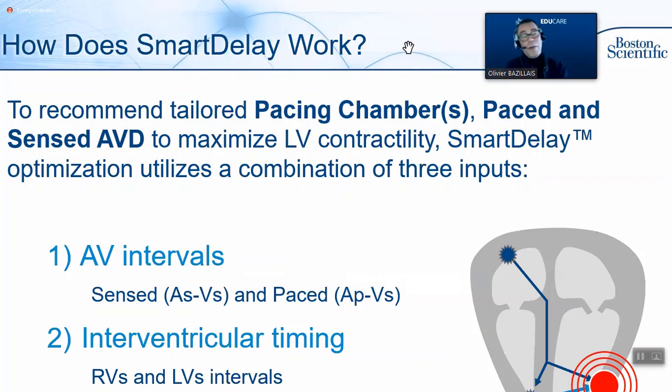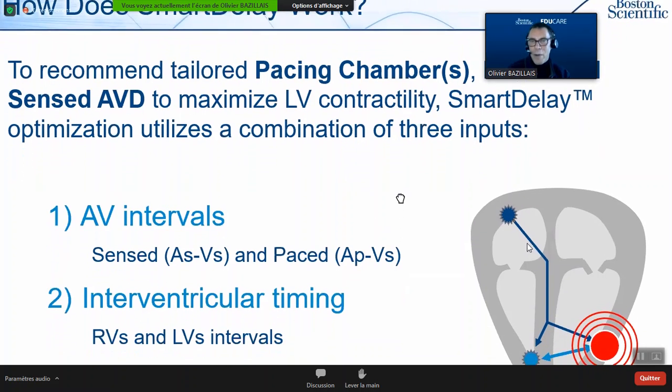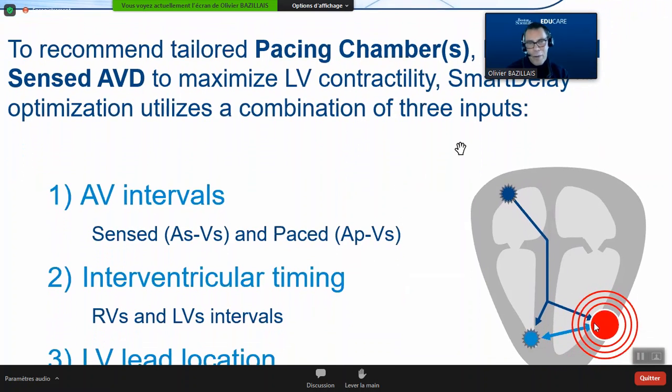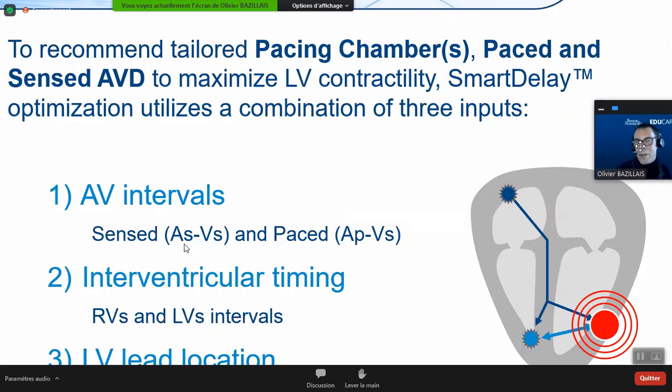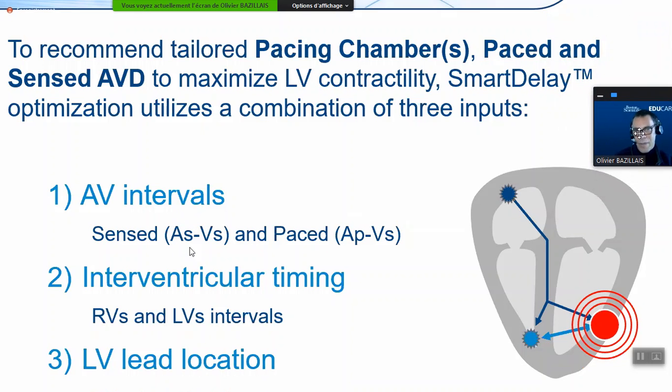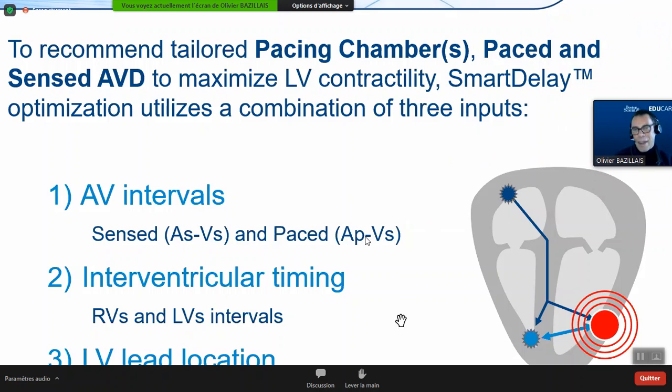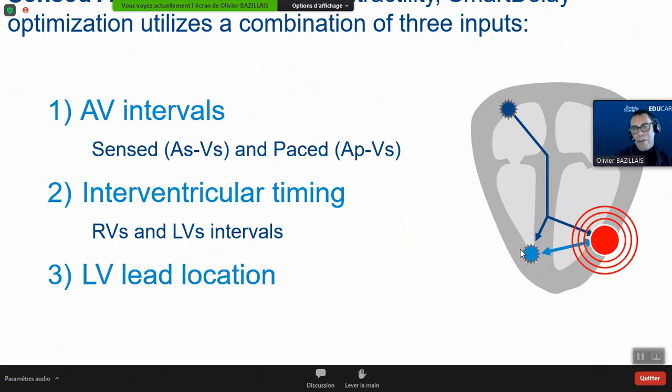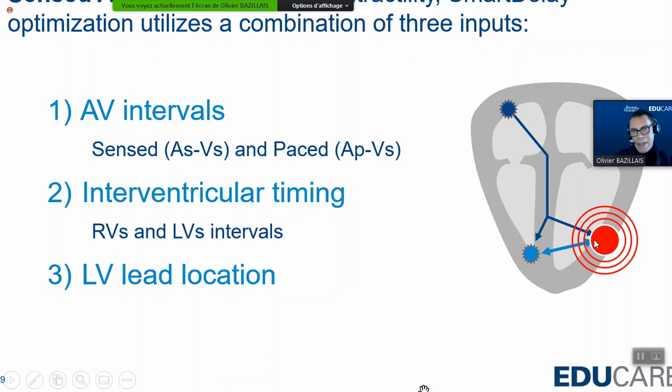So how smart delay works, I will not cover all technical details today, but the system will measure all AV intervals, meaning all intervals from atrial activity to right ventricular one and to the left ventricular one, after a sequence of sensed activity and paced activity. And of course, the device will also measure the VV intervals.